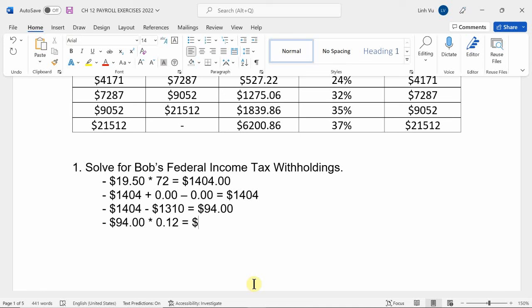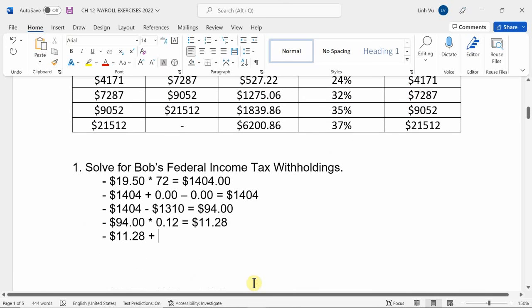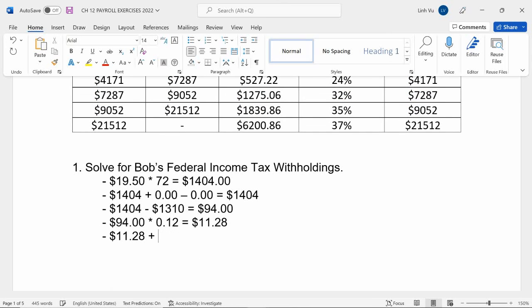And that gives you $11.28. And then you're going to add the 56.40 plus 11.28, and that gives you 67.68.